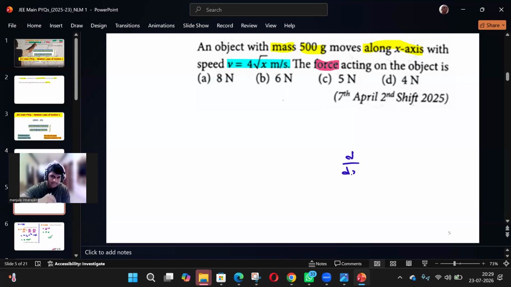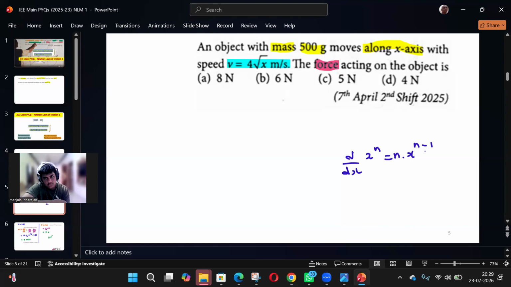Here n is half, so the derivative is half x to the power minus half, which is 1 by 2 root x.